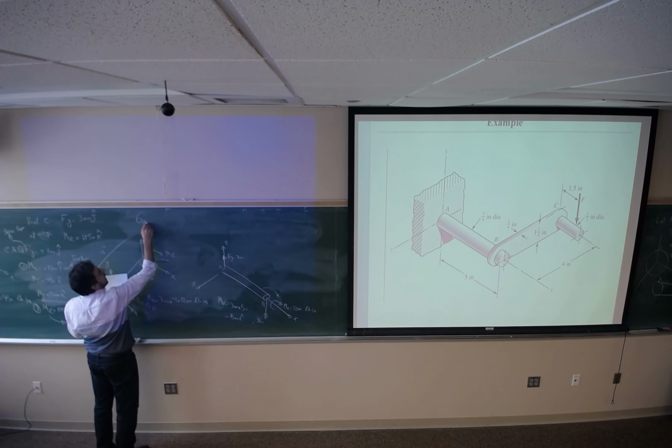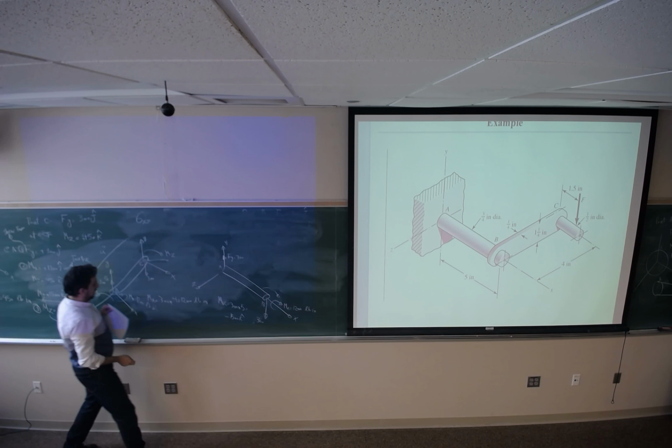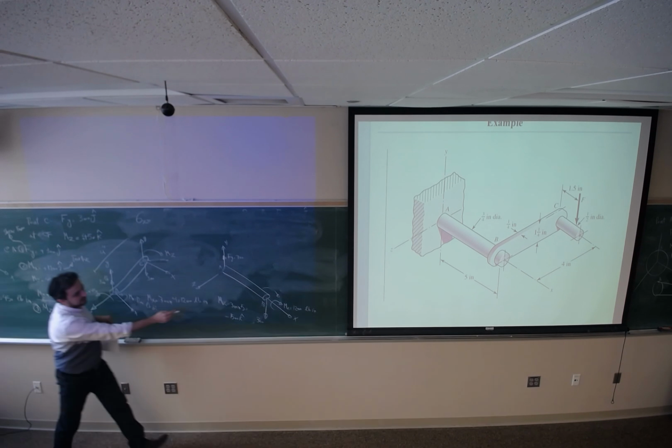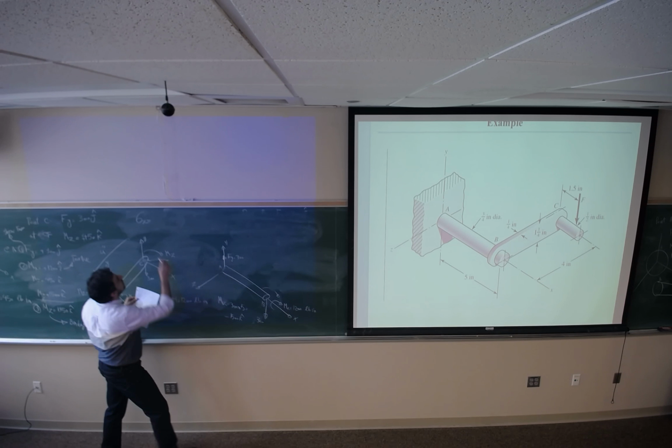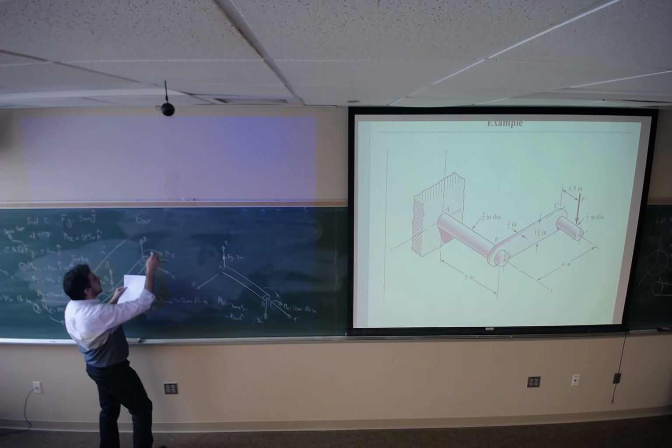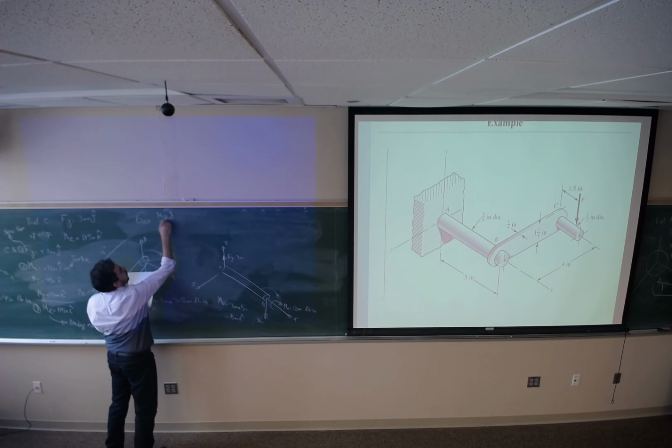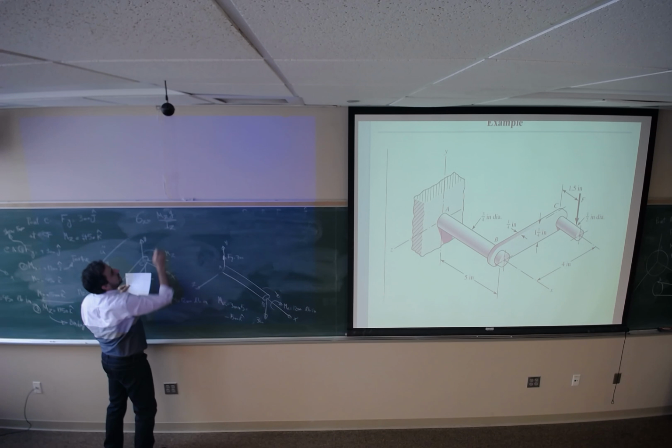Sigma x, the normal axis is x, so the normal stress is going to be in x. It's going to be Mz times y divided by Iz.